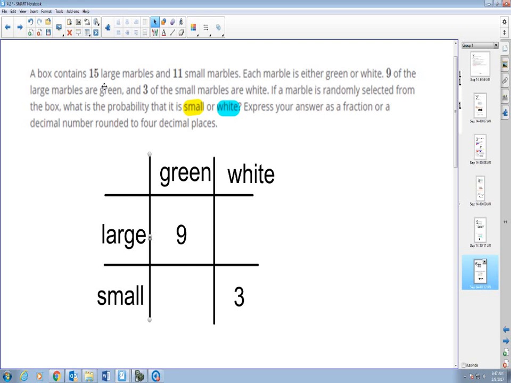The problem says 15 large marbles, the total is 15 large, 11 small.